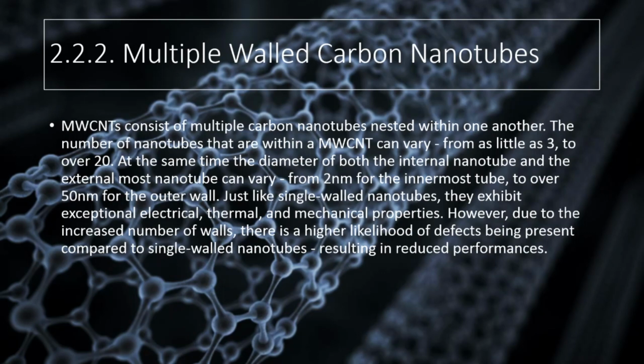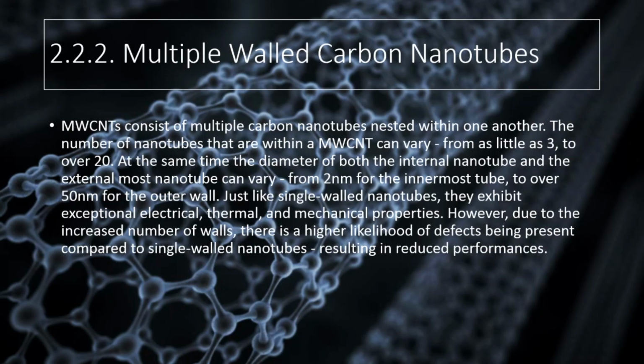Multiple-wall carbon nanotubes. Multiple-wall carbon nanotubes consist of multiple carbon nanotubes nested within one another. The number of nanotubes within a multi-wall carbon nanotube can vary from as little as 3 to over 20. At the same time, the diameter of both the internal nanotube and the external-most nanotube can vary from 2 nanometers for the innermost tube to over 50 nanometers for the outer wall.